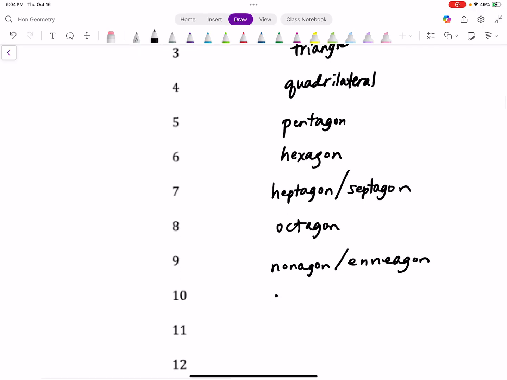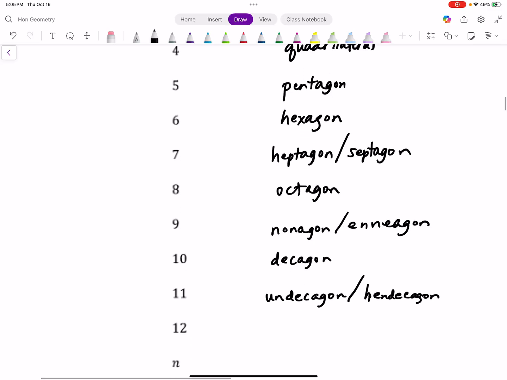A 10-sided polygon is a decagon. An 11-sided, I always call them undecagons, but some people call them hendecagons. That's an H. Doesn't really look like an H. Hendecagon. And a 12-sided is called a dodecagon.